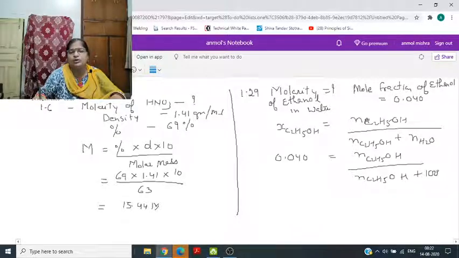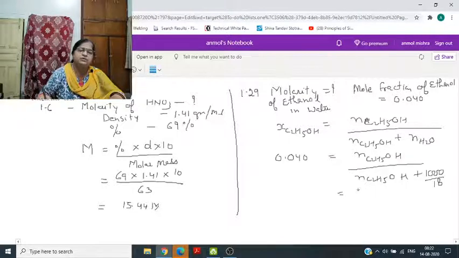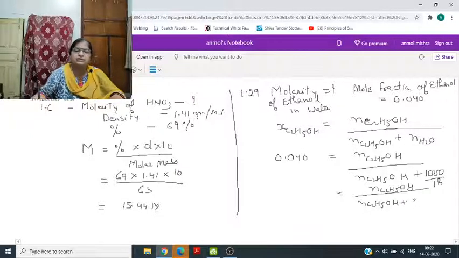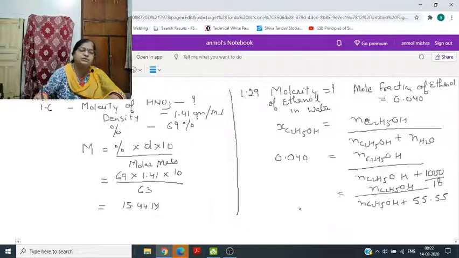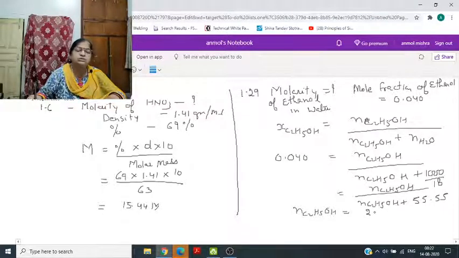For 1 mole of water we have 18 grams, so 1000 by 18, that is 55.55. So when we solve it, we will get n of C2H5OH equal to 2.31 M. You calculate it, you will get the answer.